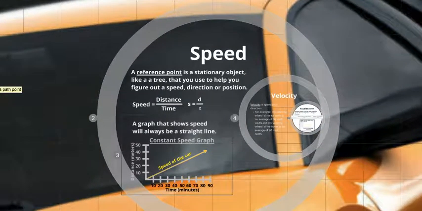So our first term is speed, and this is a term, again, you guys should be very familiar with, the most familiar with out of the three, because you see speed on a regular basis whenever you're driving. Any of the speed limit signs on the side of the road basically determine how fast your car should be going over a certain time.